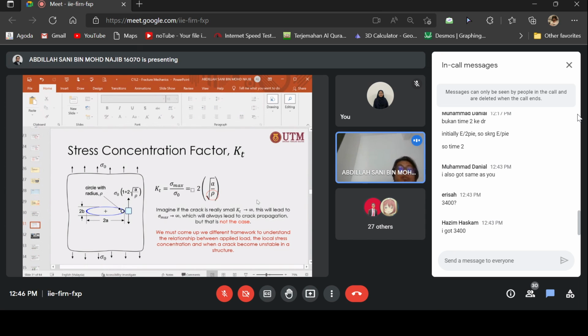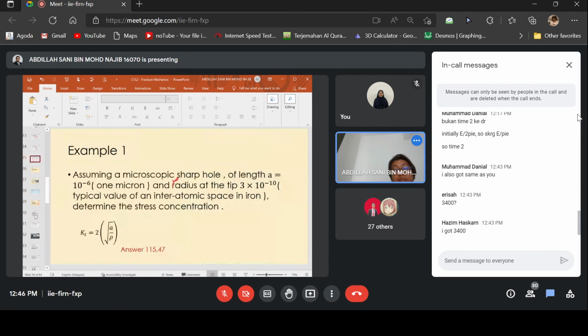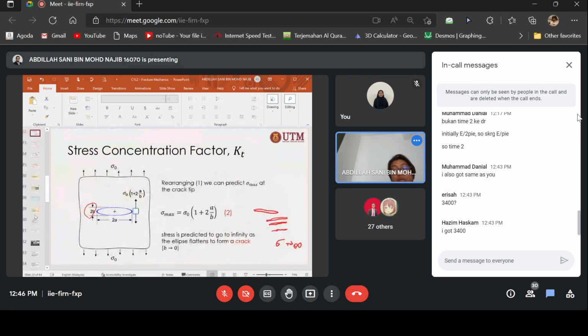If we say the crack is small, then Kt will be very high, according to the equation. I think it's easier to understand if you look at this.